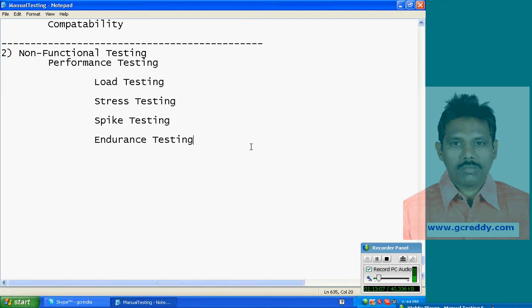See, load in terms of concurrent users, simultaneous users. Load in terms of users and operations.